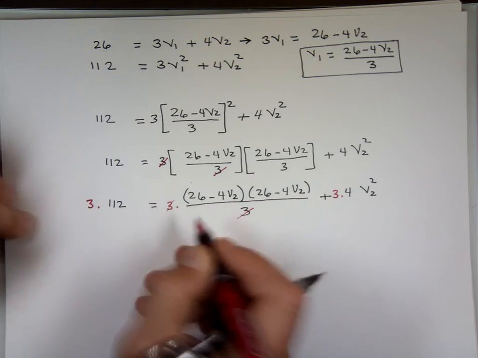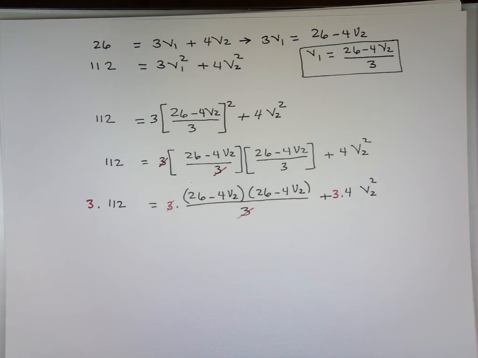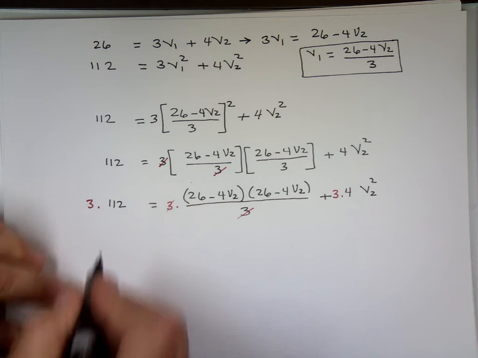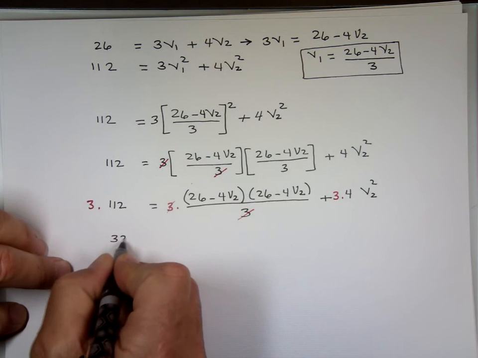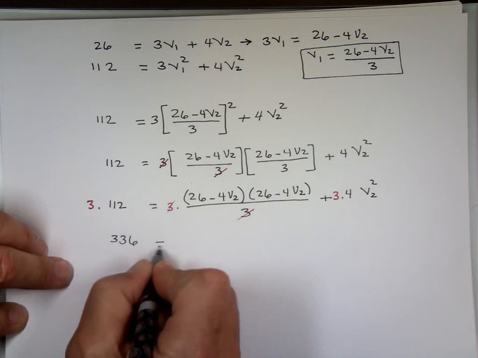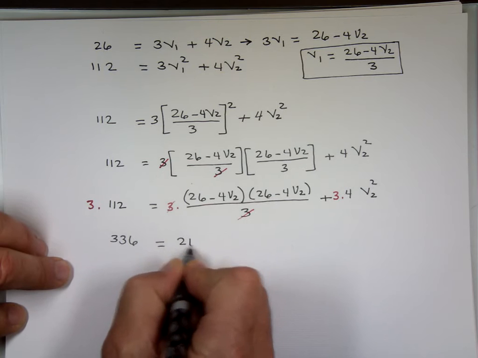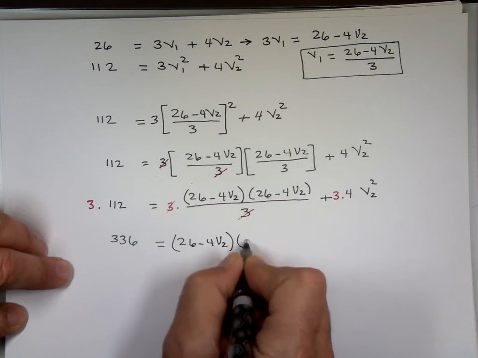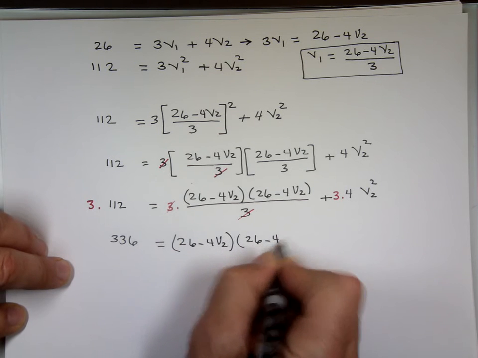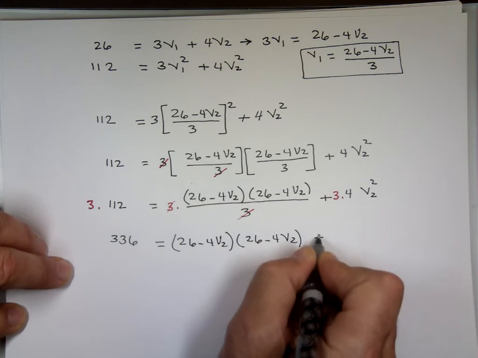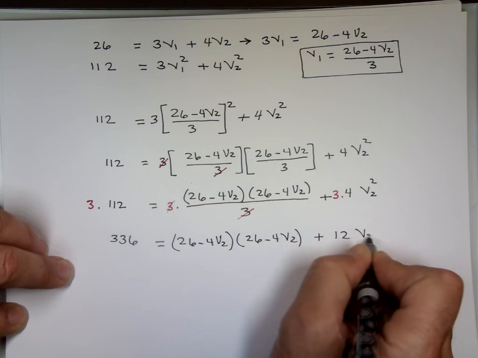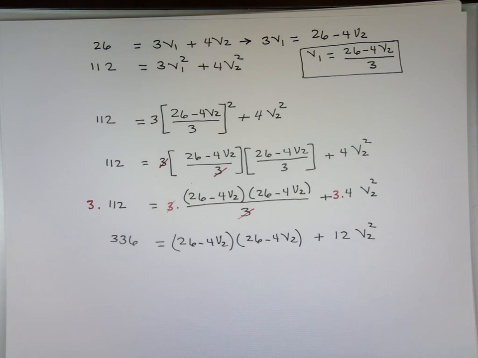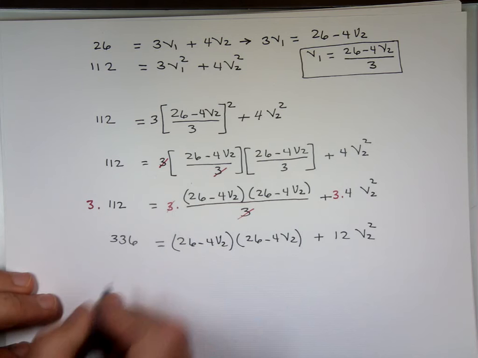Now there's no more fractions. 3 times 112 is what? 3, 3, 6 equals 26 minus 4v2 times 26 minus 4v2 plus 12v2 squared. And I got to use the FOIL method here.